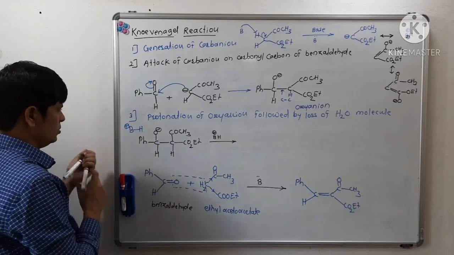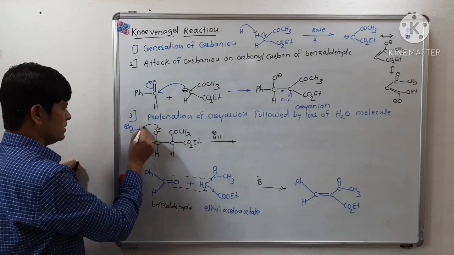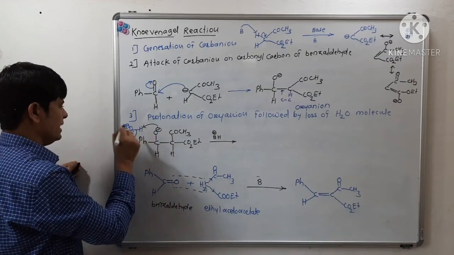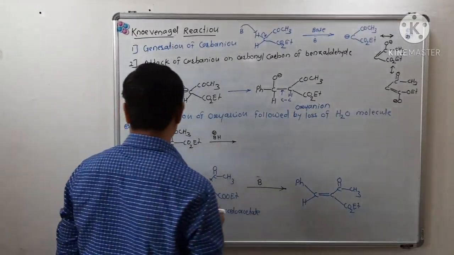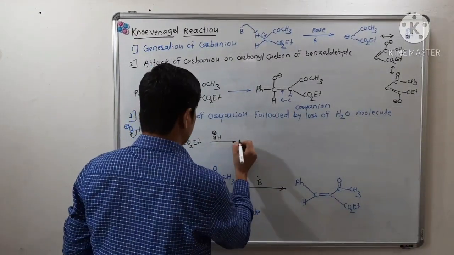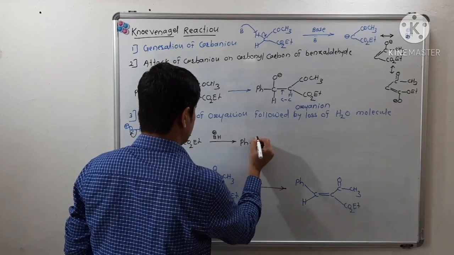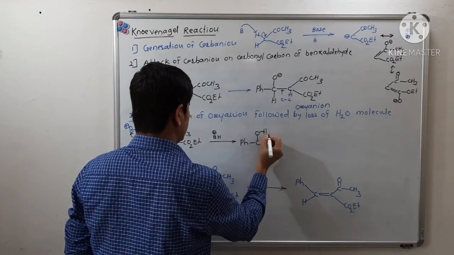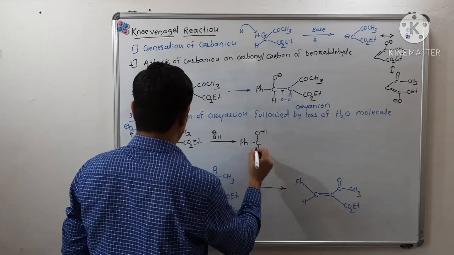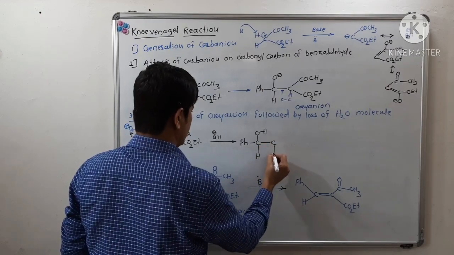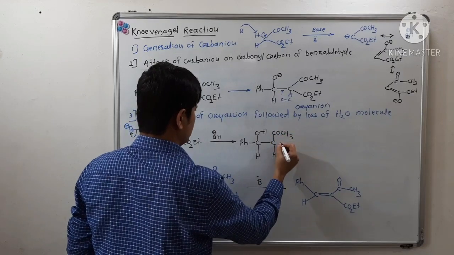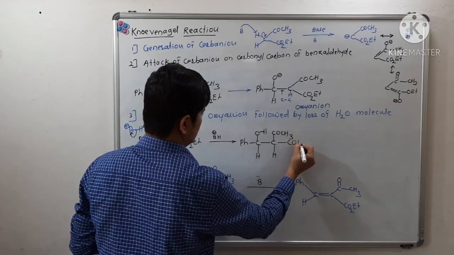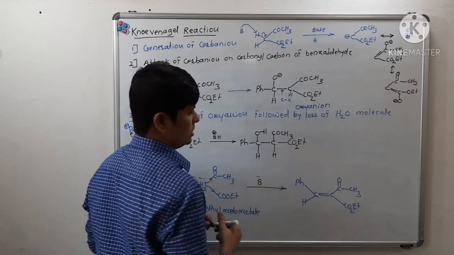It will take a proton from this, and there will again be generation of free base in the reaction. So what you will get? You will get PhCH(OH)CH, COCH3 and CO2Et, isn't it?